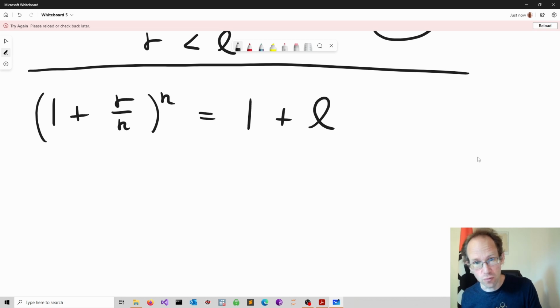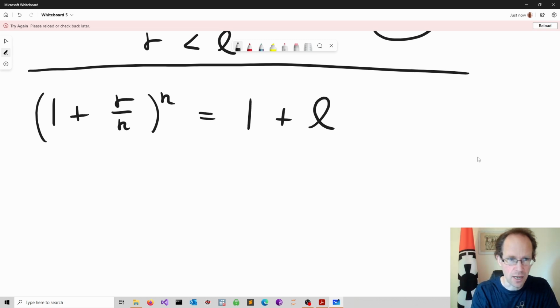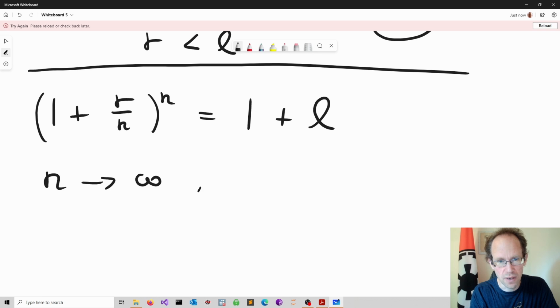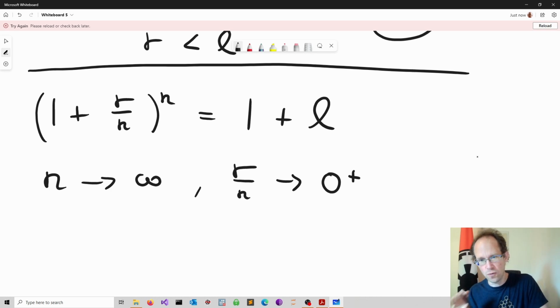Finding the roots of this polynomial is computationally not necessarily very straightforward, in particular when we look at very large n. So now we are interested in what happens if n becomes very large, or in the limit n tends to infinity. First of all, we note that in this case r divided by n tends to 0 plus. So we go to a very, very small, slightly positive value.